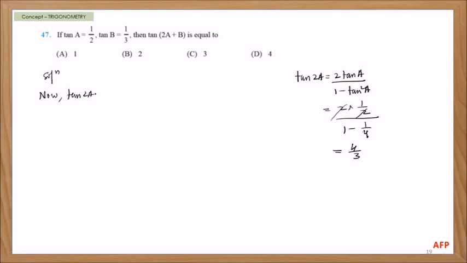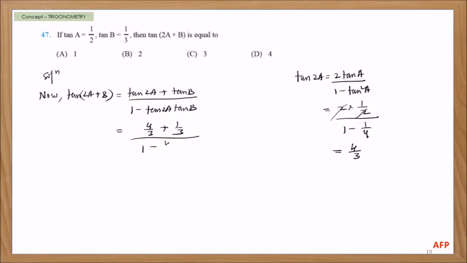Now tan of 2A plus B is equal to tan 2A plus tan B divided by 1 minus tan 2A tan B, so 4 by 3 plus 1 by 3.